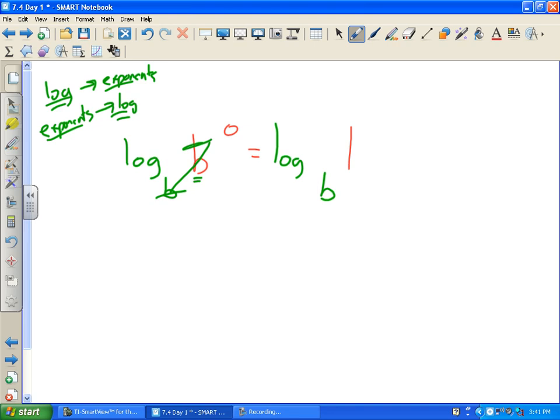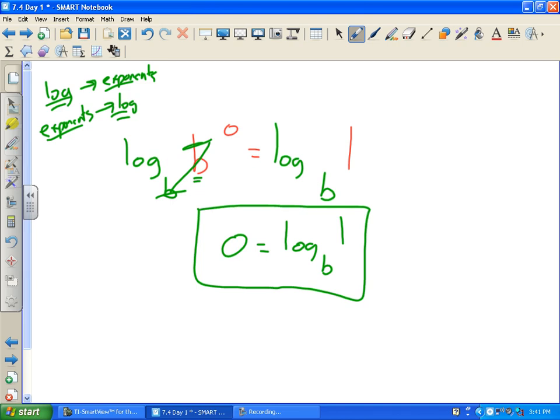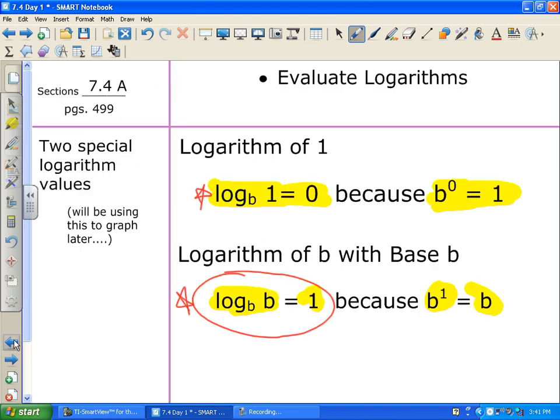Those guys cancel out, and it leaves me with 0 equals log base b of 1. So I've just gone from a base to a log. And notice that that's what we have right here. Log base b of b is 1. That's our identity. That's our inverse. That's our property that we're going to use the whole time.